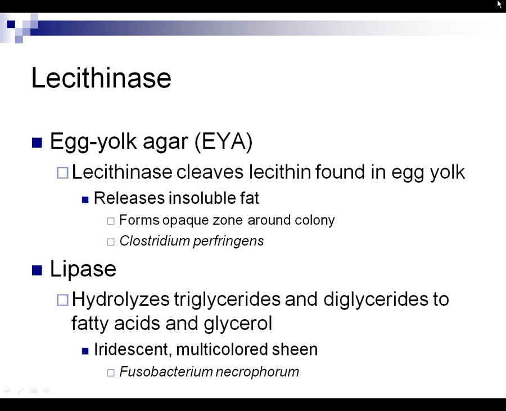So Clostridium perfringens is an example that is lecithinase positive. So link egg yolk agar and lecithinase with Clostridium perfringens. Lipase is another one that we can use to determine if an organism is able to break down triglycerides in a media, and what we see is a multicolored sheen or iridescence to the colony growth on the lipase agar.